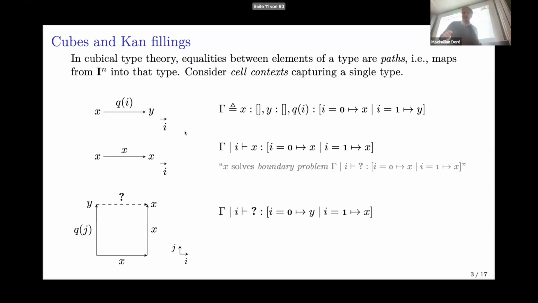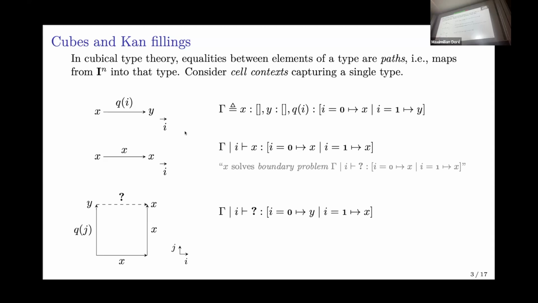To produce such a term, we'll now use Kan fillers. What Kan filling says is that if you are looking for some cell but don't know how to build it directly, we can build it by constructing a higher-dimensional cube, so a two-dimensional cube now, where all the sides are filled in and matching together in some way, and then the Kan filler of this open square will be the missing side.